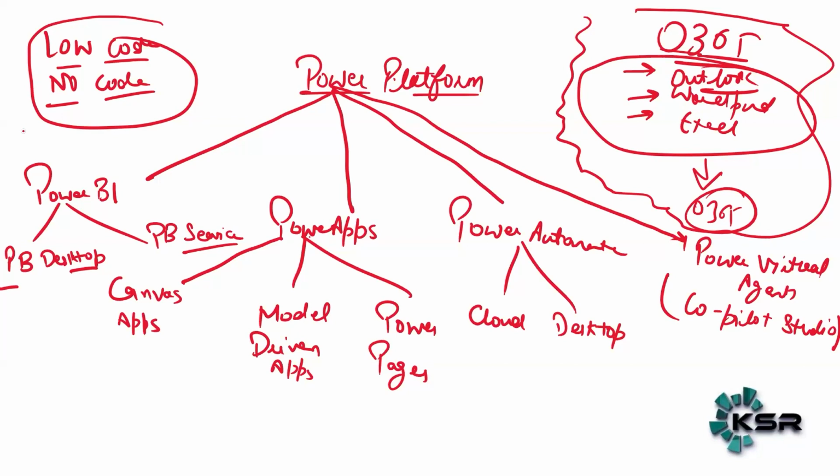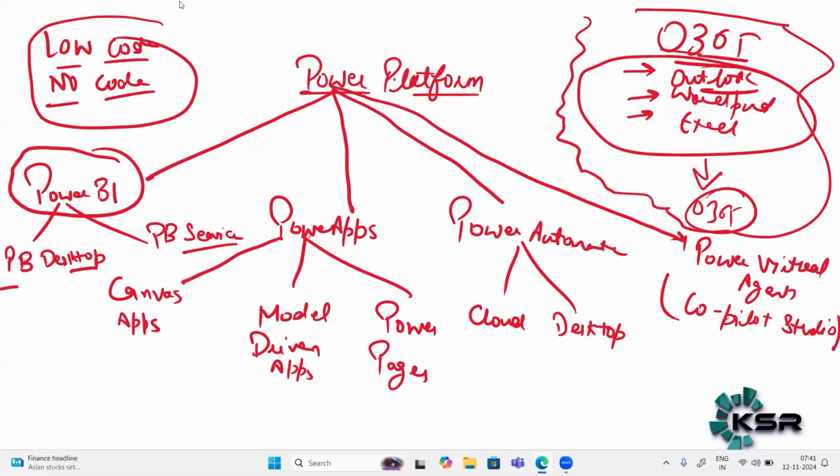So Power BI is what? Power BI is the data visualization tool in the Power Platform. Okay. So with the help of Power BI, you can create various visualizations around your data that will help you in making the business decisions. How many of you have already seen Power BI apart from the previous batch?